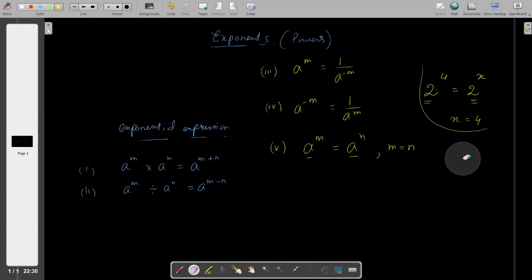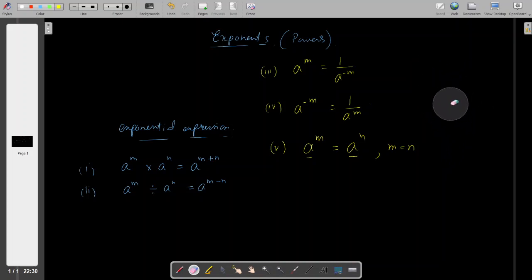I think I should erase this. Now let's deal with some problems. As I solve the problems, if more formulas come out, I will mention them.